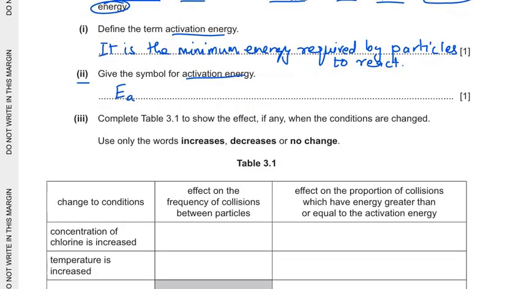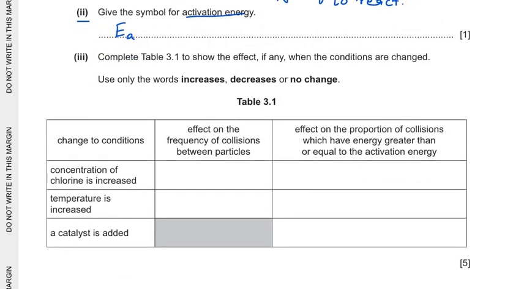Now the third sub question: complete table 3.1 to show the effect, if any, when the conditions are changed. Use only the words increase, decrease or no change to show the effect.